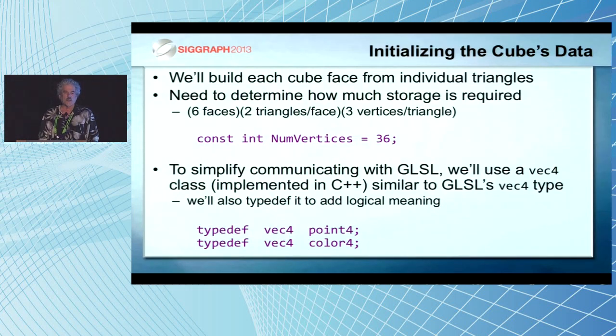Okay. Now, to make things a little bit easier, Dave and I, when we did the last edition of our book, created a little package that defines certain simple geometric types, like a vec4 and a vec3. Think of a vec4 as a 4-element array in C++, and it allows you to manipulate those kinds of things.